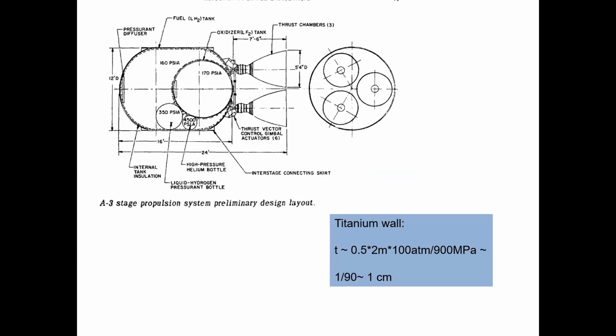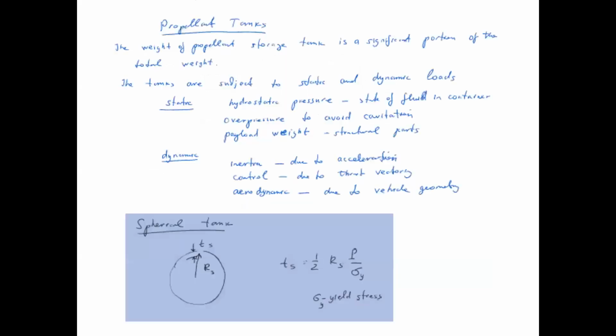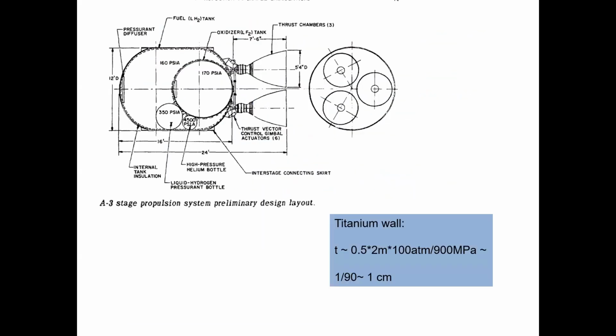We substitute the values into the previous equation: the radius is around 2 meters, and the pressure is 100 atmospheres, divided by the yield stress. So you get around 1 centimeter. It has to be 1 centimeter thick in order to sustain that much load.